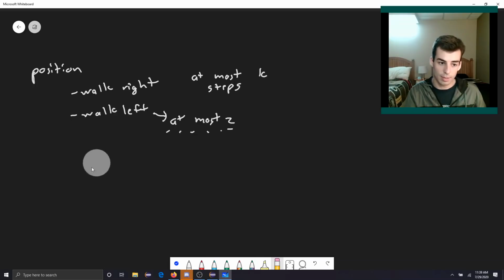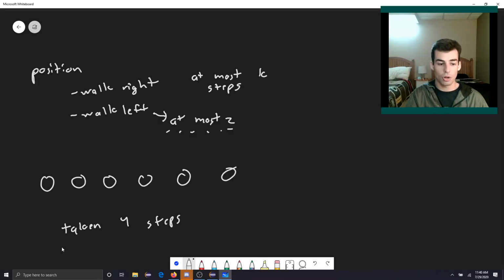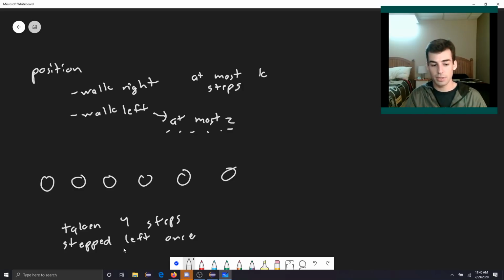So let me draw an example out, because if this is new to you, that might be a bit confusing. So let's say we've taken 4 steps. And also we've stepped left once. That means we've taken 3 right steps and 1 left step.